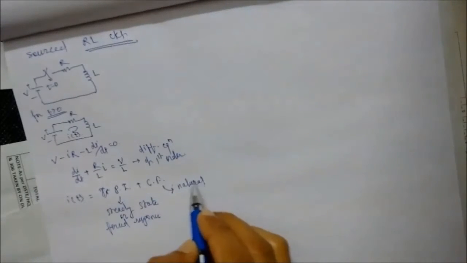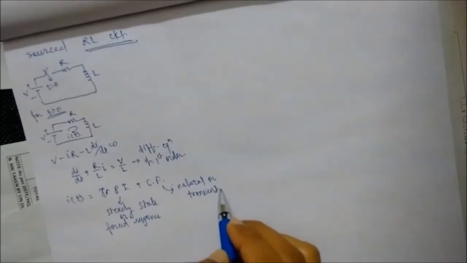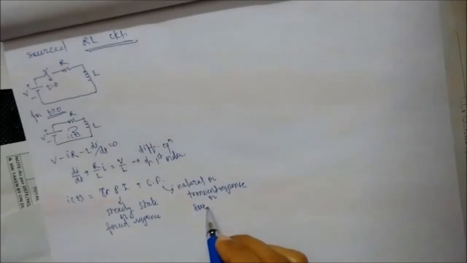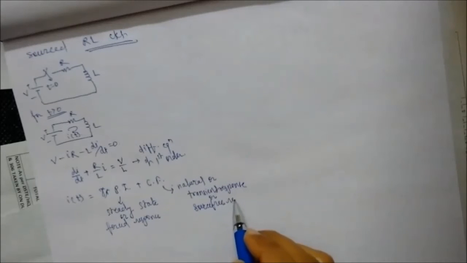PI is the particular integral, and CF is the complementary function. PI is also called the steady state value or forced response, whereas the complementary function is called the natural response or transient response or source free response.